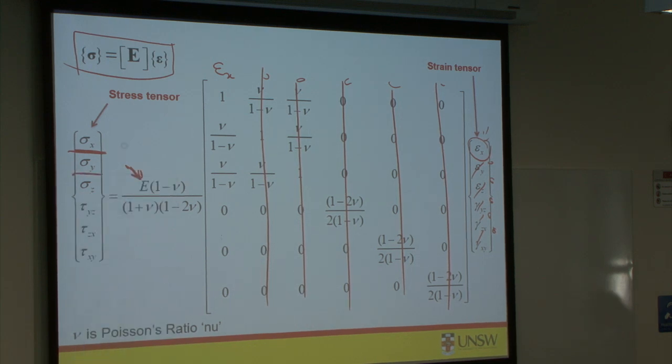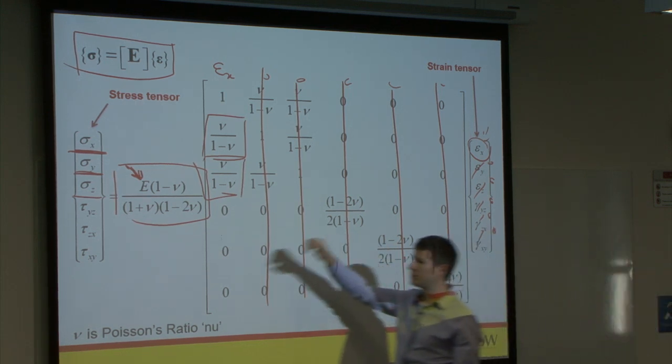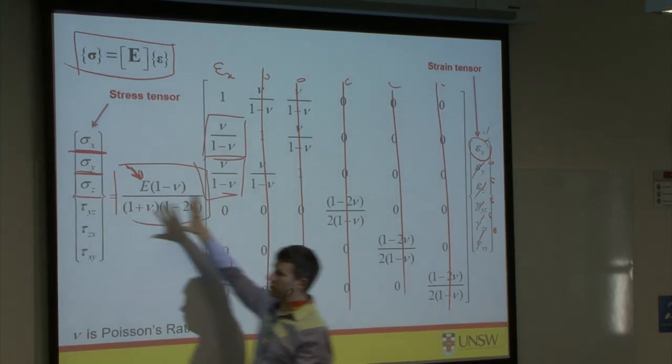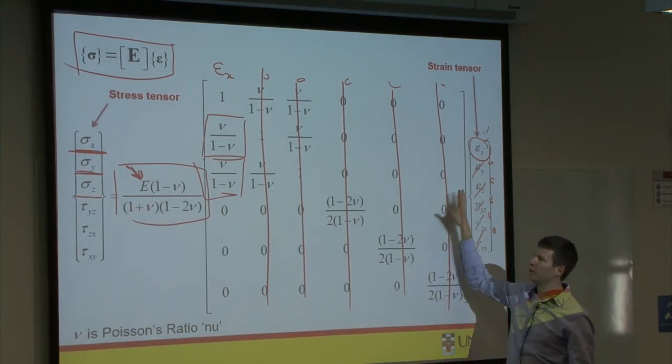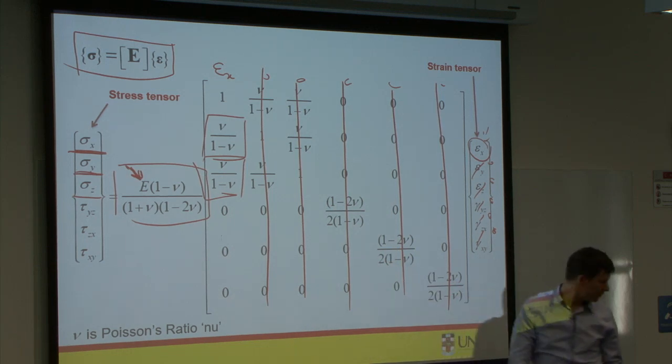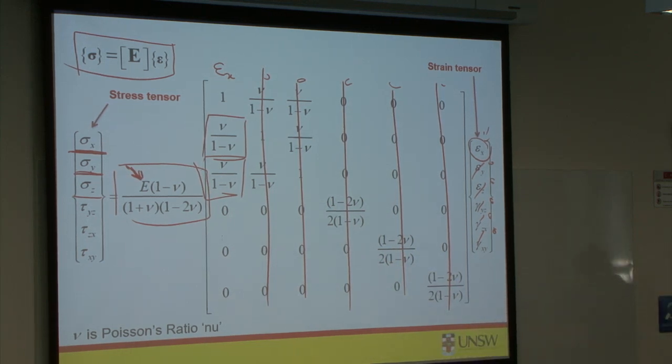The stress in the y direction will be this constant times this ratio, and you'll get some stress in the z direction, which will have the same value. And that's how this is put together. So you don't just get stresses in the direction that's strained, you also get stresses in the other directions because of the effect of Poisson's ratio.